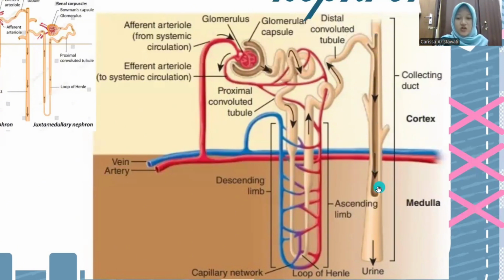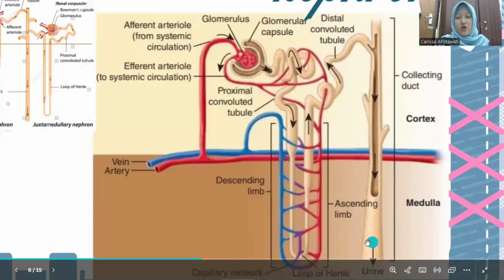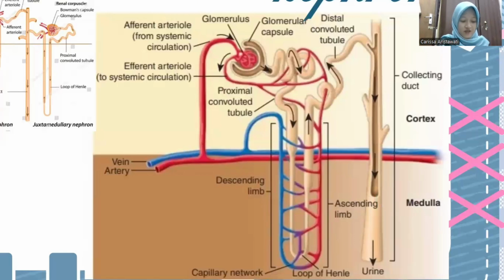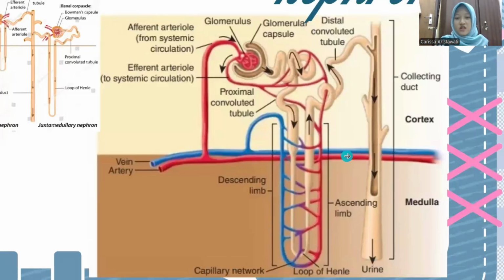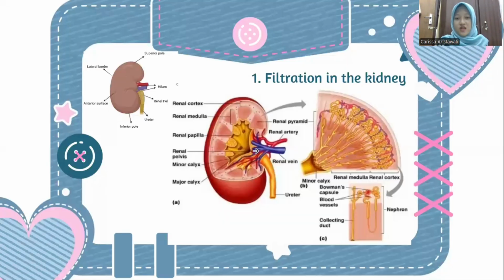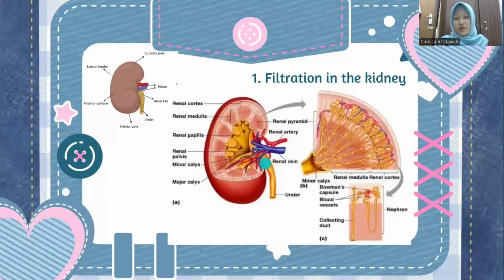These are called the collecting duct, and these below are called the calyx minor. From the calyx minor, it will move into the pelvis. You can see this renal pelvis, and after the renal pelvis, it will move into the ureter.